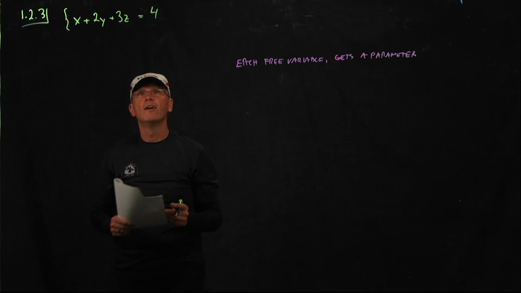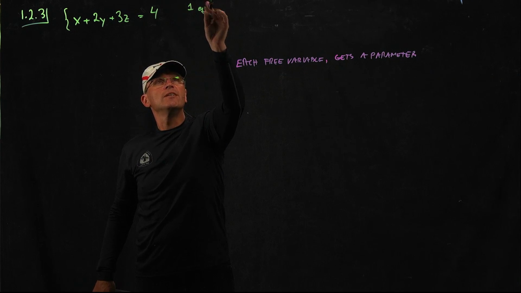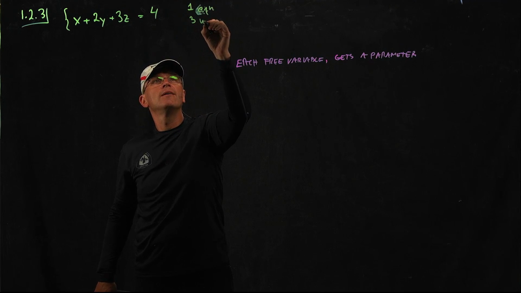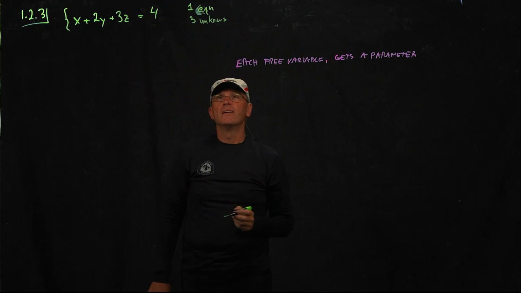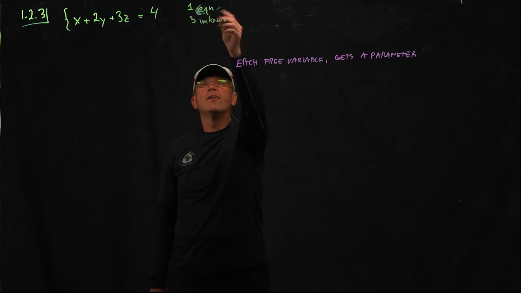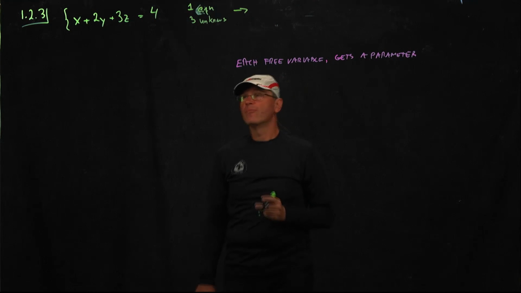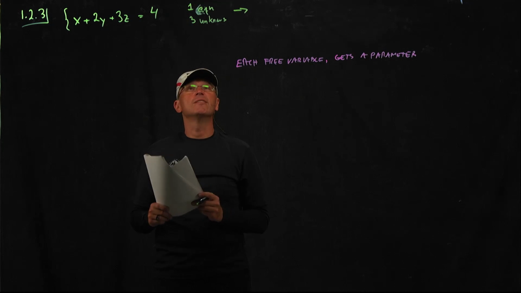So we have one equation, but we have 3 unknowns. Again, if we have more unknowns than we have equations, we're going to end up with either no solutions or infinitely many solutions.